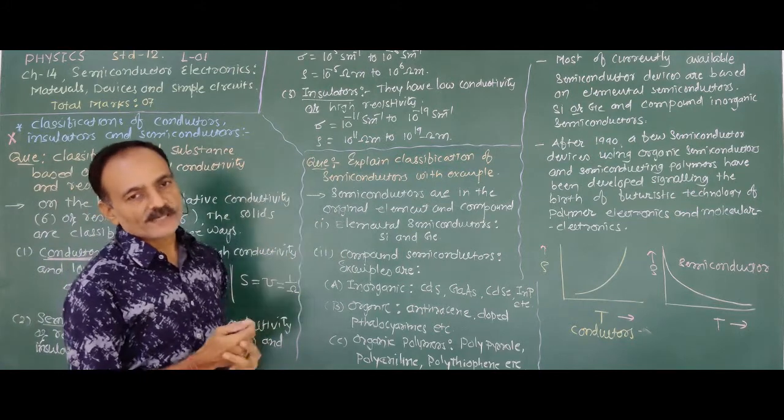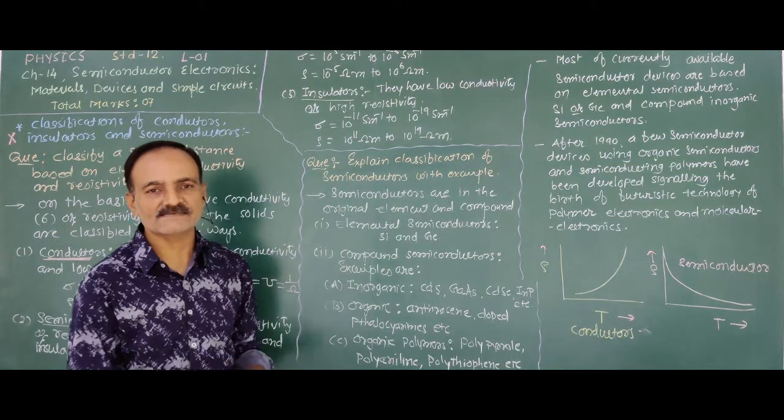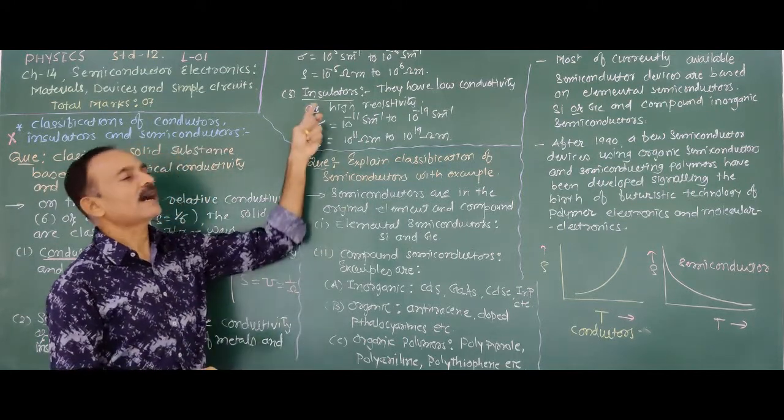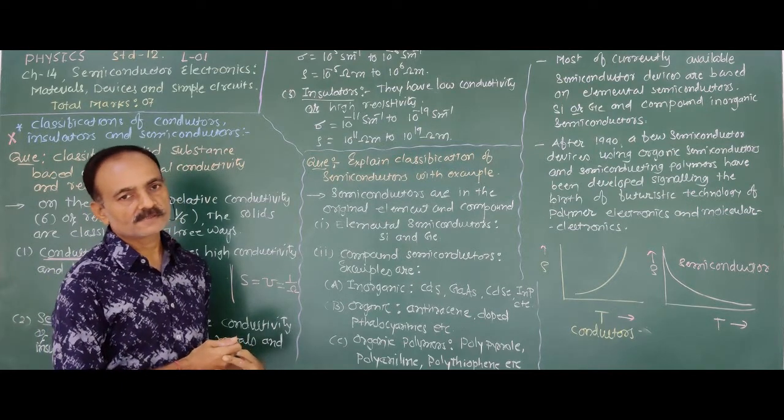Now what about the insulator? An insulator has low conductivity, that means a small value of conductivity, or high resistivity. Resistivity for the insulator is much more.